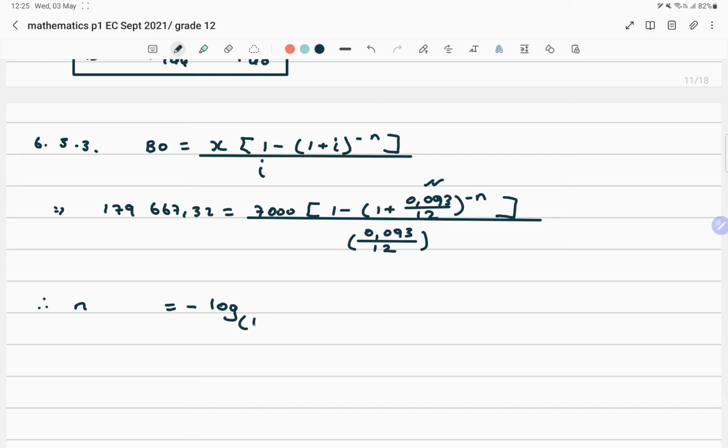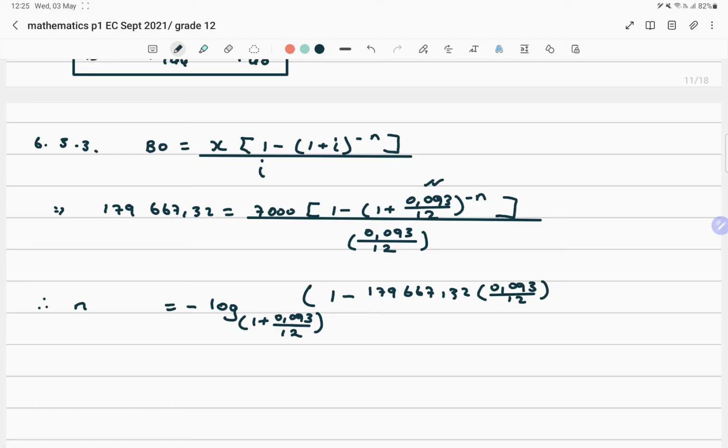So the base here is going to be 1 plus 0,093 over 12, okay? And the number on top is going to be 1 minus this thing, 179,667.32 into this interest here, which is 0,093 over 12.